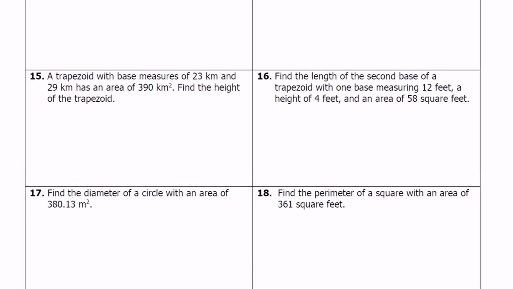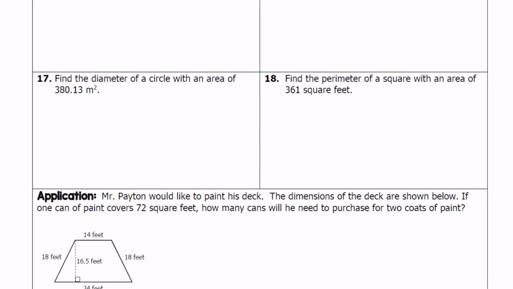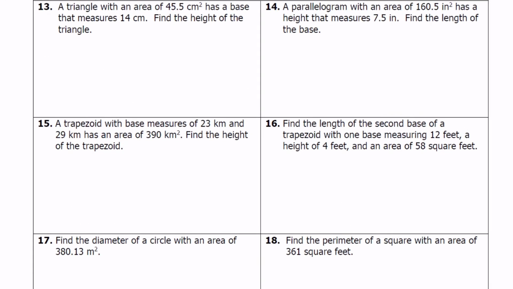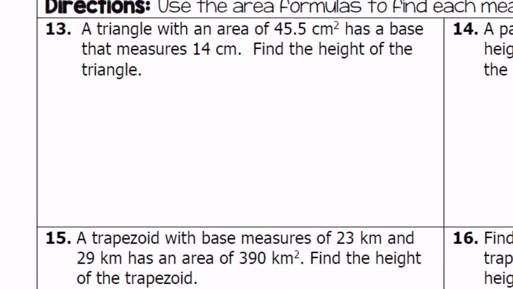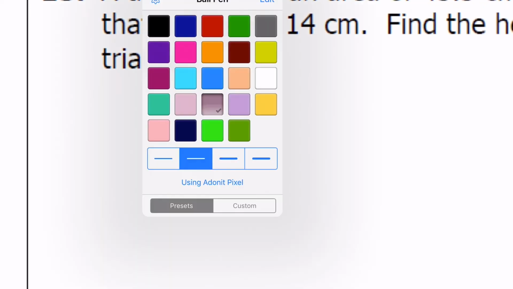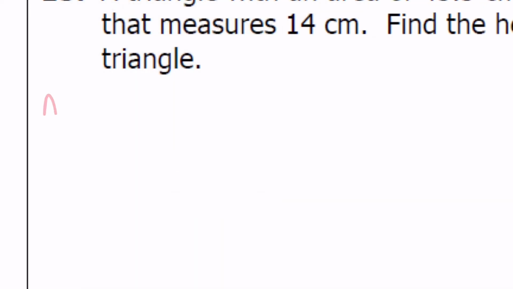13 through 18 are all word problems. So you're going to have to think about what you can do here, how you plug this into your formula to find whatever it's asking for. So for instance, on 13, it gives me the area.